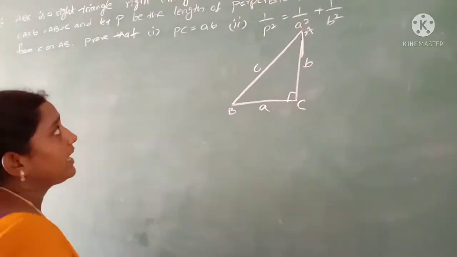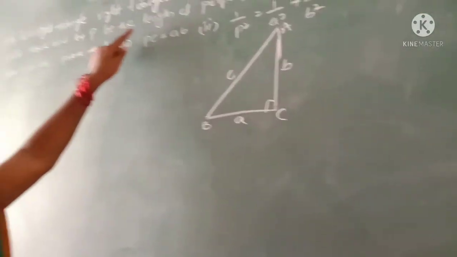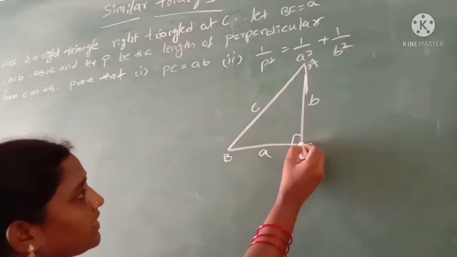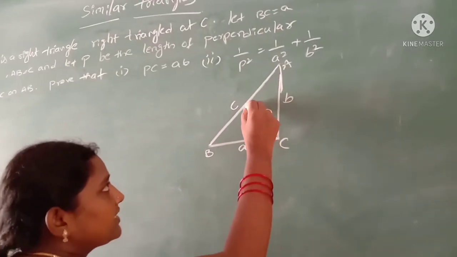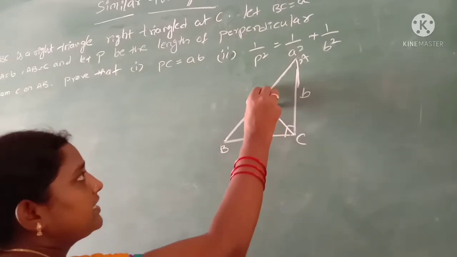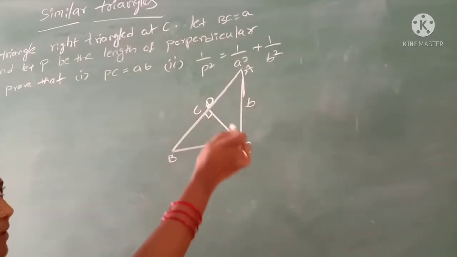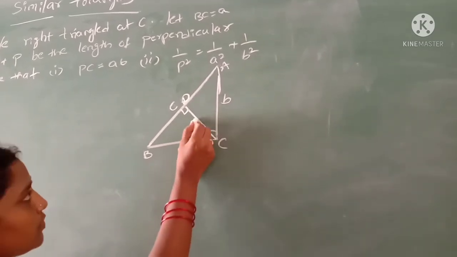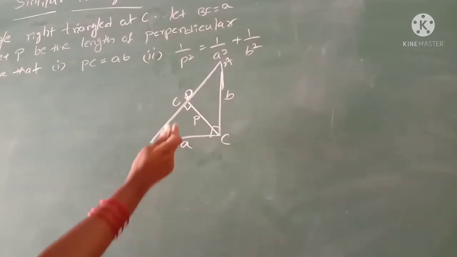Next, p is the length of perpendicular from C on AB. Perpendicular from C on AB is CD. CD is perpendicular on AB. So this value is small p.